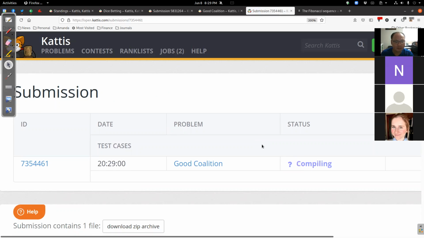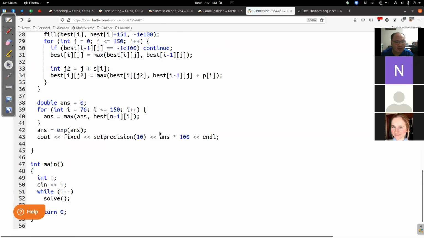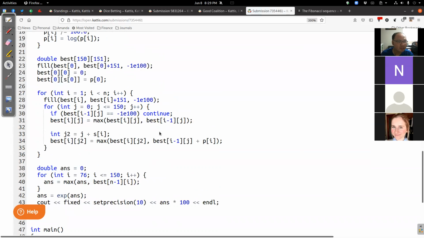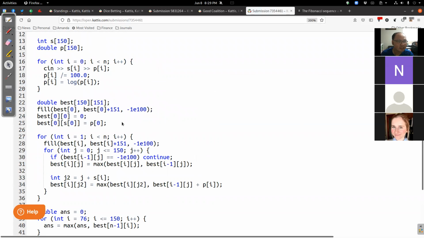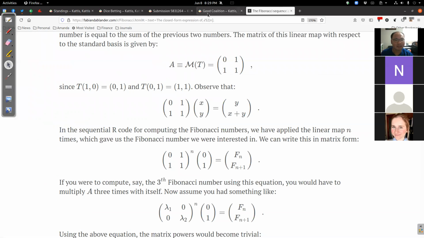Let's see if this works. Wrong answer. Okay, well, I guess it didn't work. I probably did something stupid somewhere. I'm not going to try to debug now. Anyway, so here it is. All right, that's how we do this one.